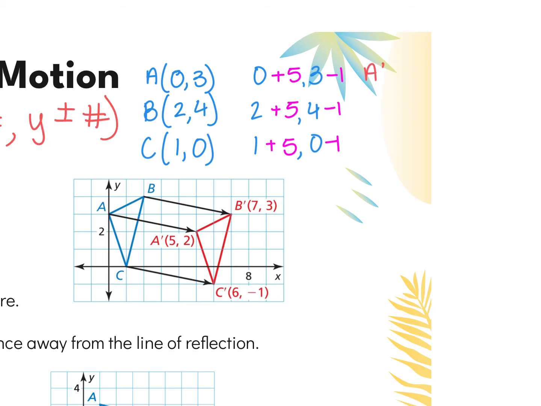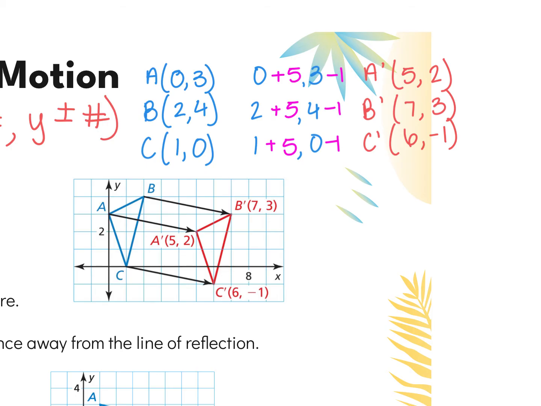So if I'm solving it, what's 0 plus 5? 5. 3 minus 1 is going to give me 2. Doing my next one, B. 5 plus 2 is going to give me 7. 4 minus 1 is going to give me 3. And the last one, 5 plus 1 gives me 6. 0 minus 1 is negative 1. Do I have the same coordinates?